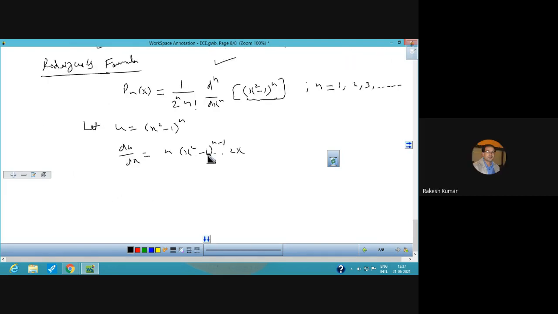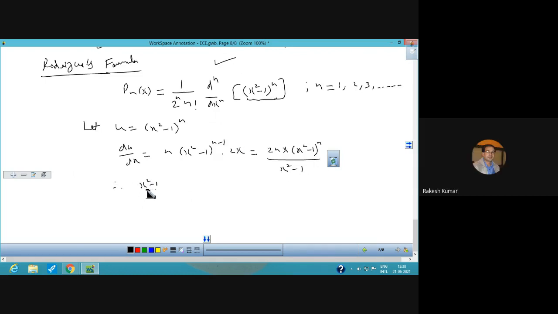Now, from this term, this can be written as 2nx (x squared minus 1) raised to power n divided by (x squared minus 1). The power minus 1 went to the denominator.